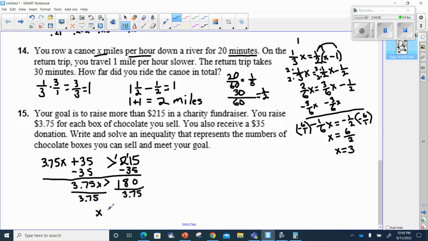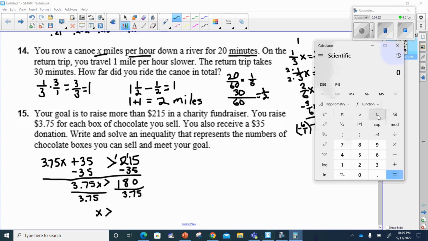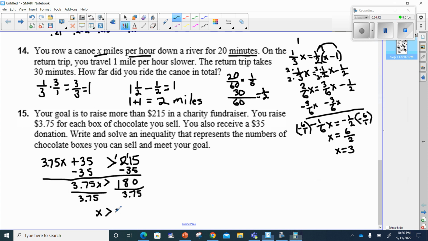That gives me 180 divided by 3.75. All right, let's use our trusty calculator here. 180 divided by 3.75 is going to be equal to 48. So x has to be bigger than 48. It says, write and solve an inequality that represents a number more than 48 boxes.